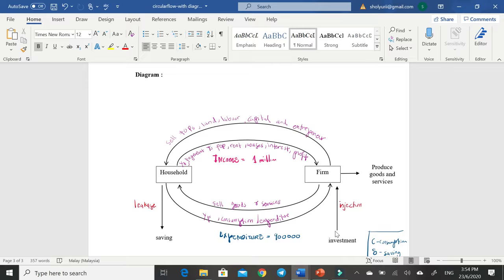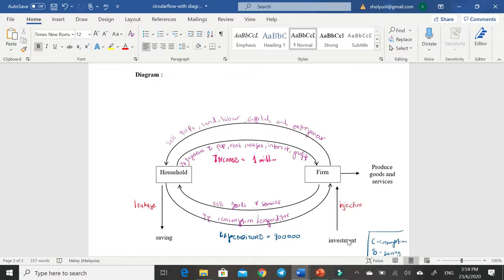So ini yang kita panggil anak panah masuk ni injection, duit masuk. Kenapa firm kena dapat duit masuk? Sebab sekarang ni firm dah tak boleh lah nak teruskan circular flow. Why? Sebab duit yang dia dapat daripada household cuma 900,000. Goods and services yang dia produce adalah 1 juta kan. Dia tak cukup 100,000 untuk beli balik factors of production dan meneruskan circular flow.